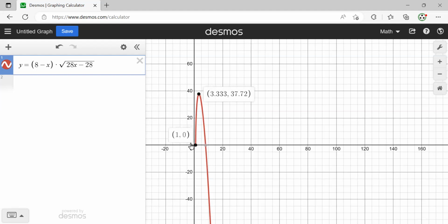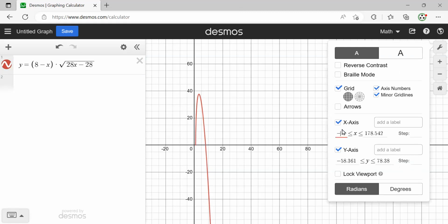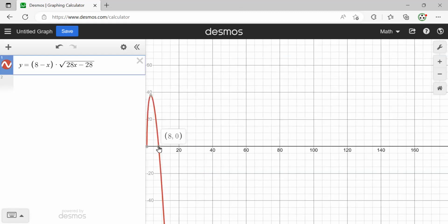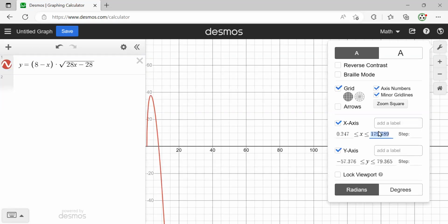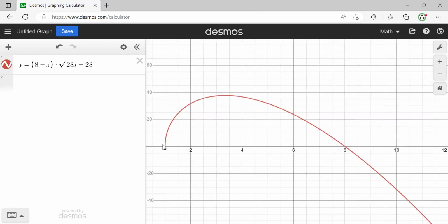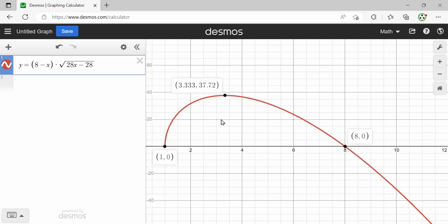So there's clearly a maximum point, and it's at 3.33. Oh, but what happens at 1? Let me change the scale. Okay, that's how the curve looks. Up and down. So 1, 0, what does it mean? What's y? Where did this function come from?